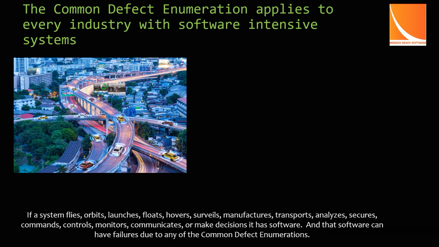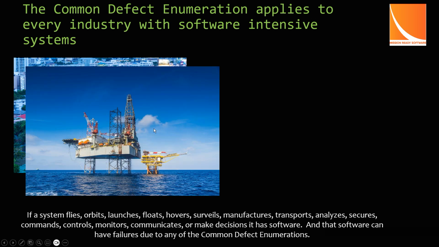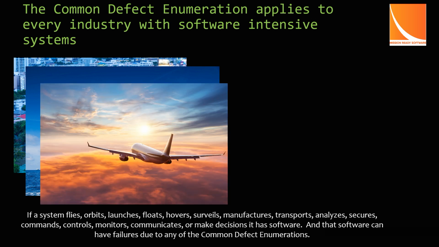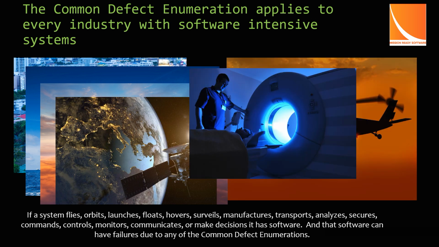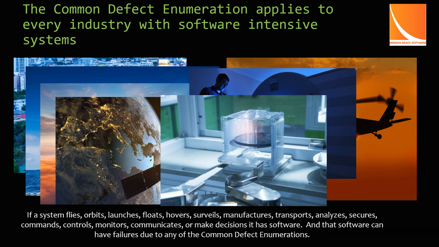The Common Defect Enumeration applies to every industry with software-intensive systems. For example, vehicles, oil and drilling, solar energy and nuclear energy, aviation, space, defense, medical devices and equipment, and semiconductor equipment, as well as any other industry that is software intensive.